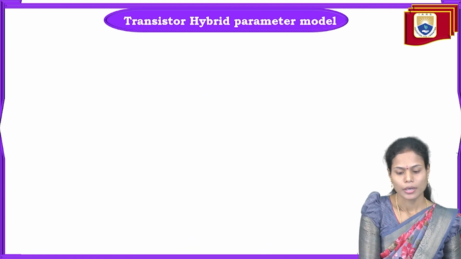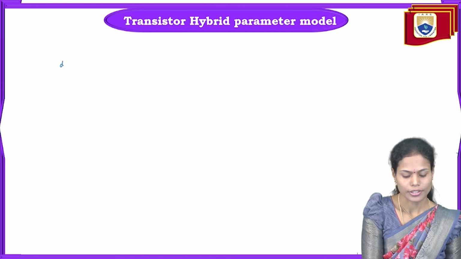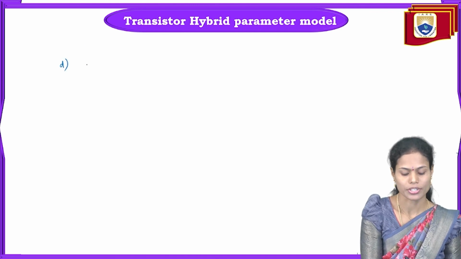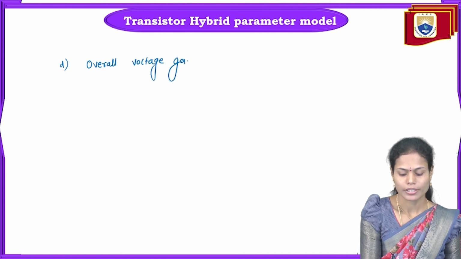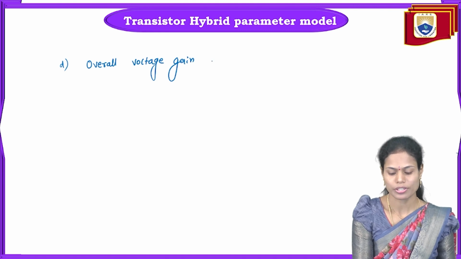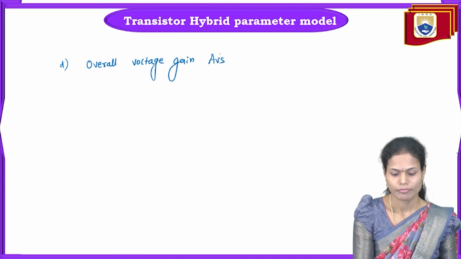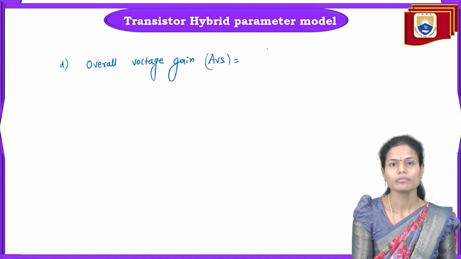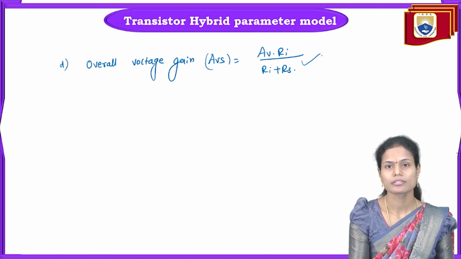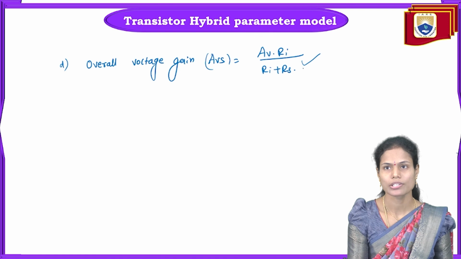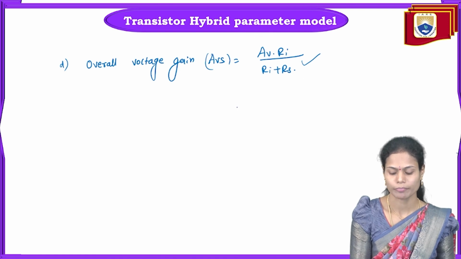And the next parameter we need to calculate here is overall voltage gain. That is, with source resistance into consideration, AVS is equal to AV, the voltage gain, into input resistance by total resistance, Ri plus RS. So the derivation for this we discussed in the previous problem, so that's why I am directly taking the formula here.